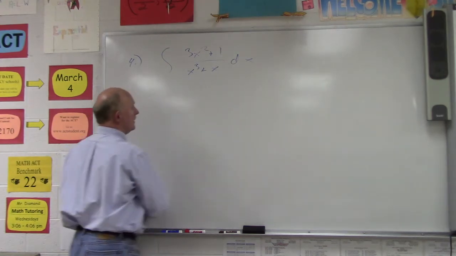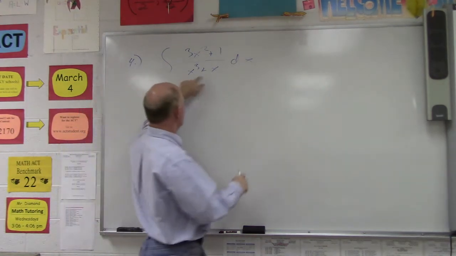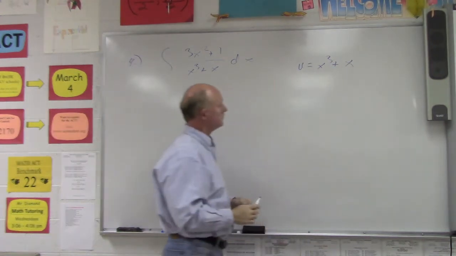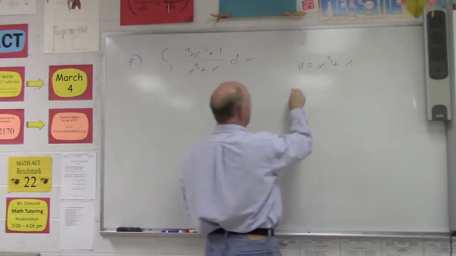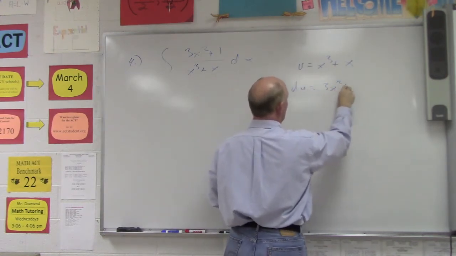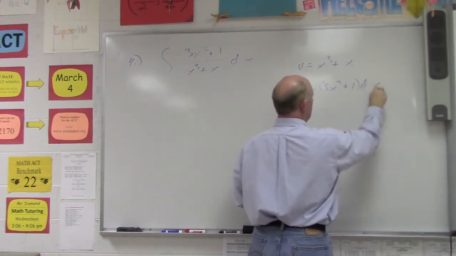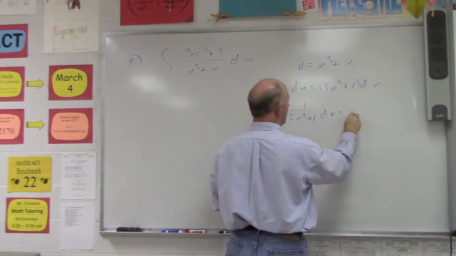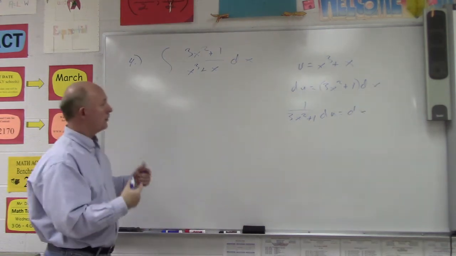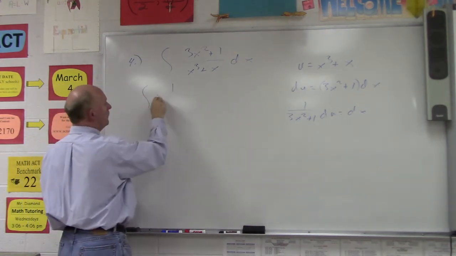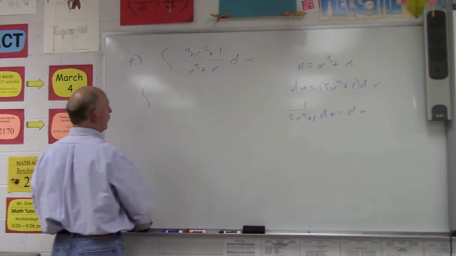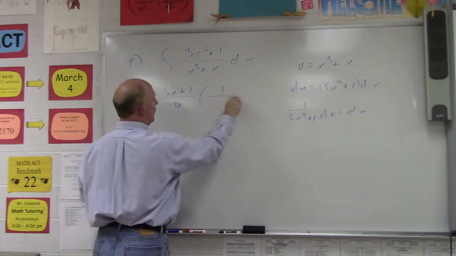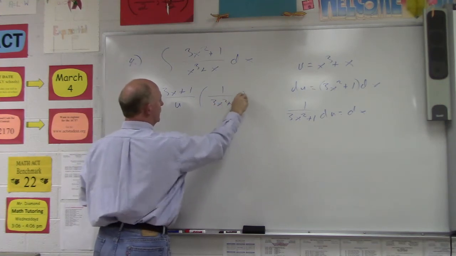Now I'm going to use u substitution. Let u equal x cubed plus x. Take the derivative of both sides, and we have du equals 3x squared plus 1 dx, so 1 over 3x squared plus 1 du equals dx. For our substitution, we have 3x squared plus 1 over u times 1 over 3x squared plus 1 du.